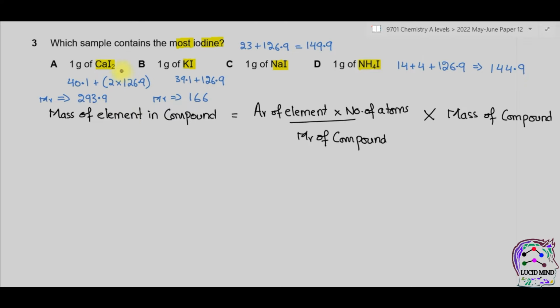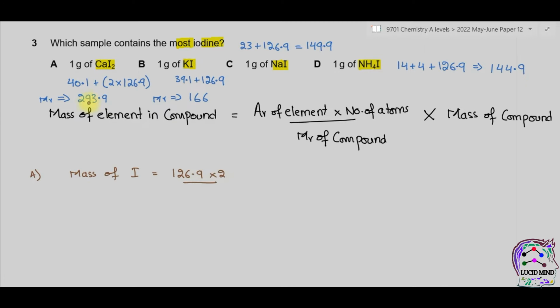So mass of element, for this part we need to find out the mass of iodine. Let's do it for the first one. Mass of iodine is equal to the atomic mass of iodine, 126.9, times the number of atoms. Let's see how many atoms are there in calcium iodide. We have 2.